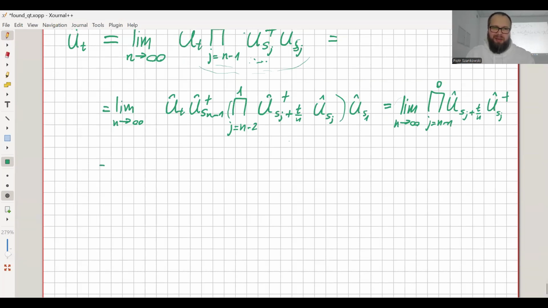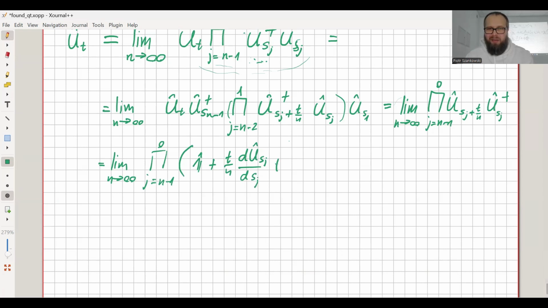I can use this expansion and get the product, j from n minus 1 to 0, of identity plus t over n times the derivative at time s_j, times U(s_j) dagger, plus something of smaller order than 1 over n squared.